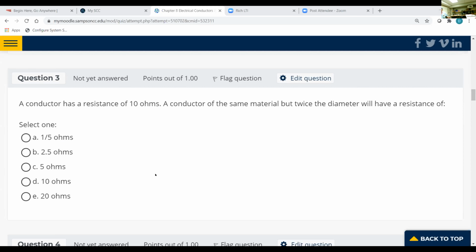So CSA is not the same thing as diameter. That's what you got to keep in mind here. When you square that, it would equal the circular mills, or the CSA. CSA is measured in circular mills. So the way you have to reason this out is like this.